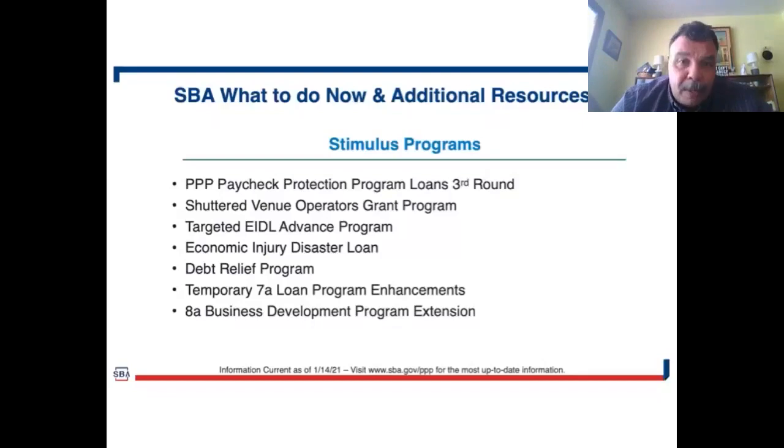And this is the way this program was legislated to us. And we, as the SBA personnel, have to implement the program as it is legislated to us. So that's just one of the costs of doing business. You know, we still have the economic injury disaster loan.